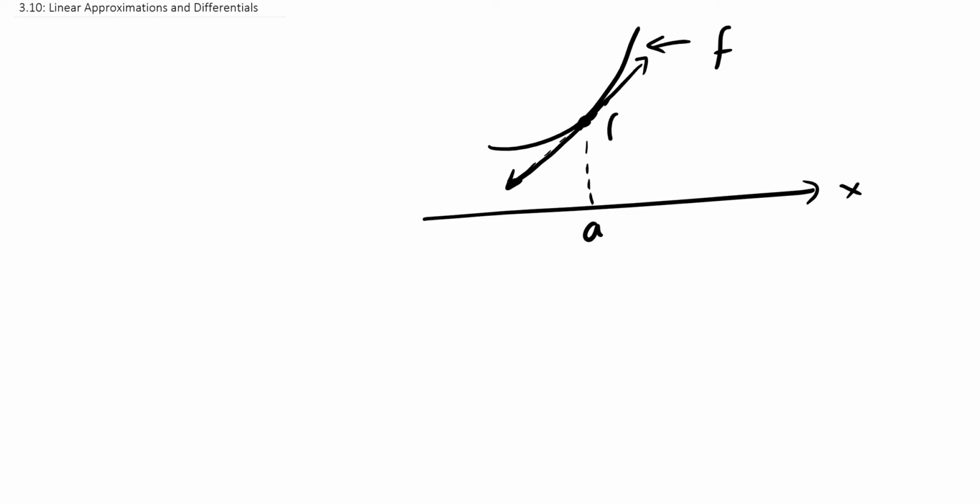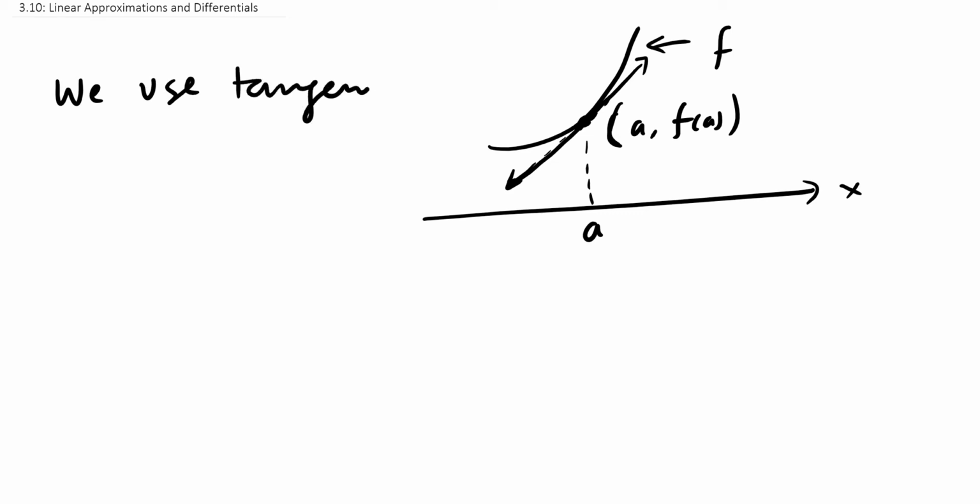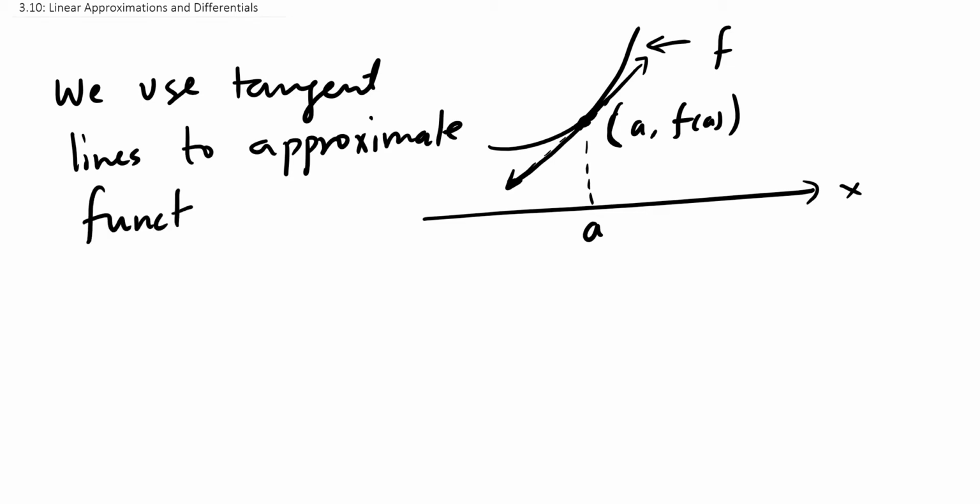So this point here has coordinates a comma f of a. So we use the tangent line to approximate functions at a given point.